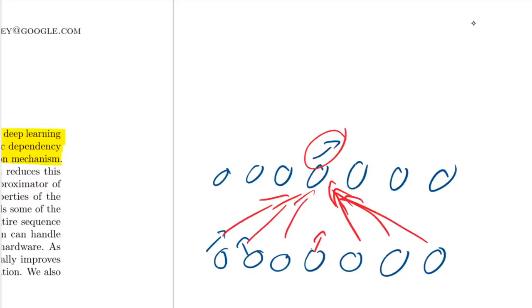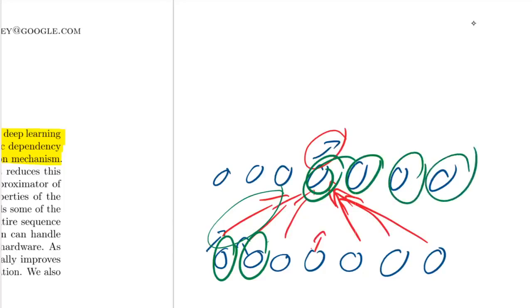Now, this is called an attention mechanism, and we don't actually have to go into how it works, but you can see pretty clearly that if you want to do this for every token, you need to have information routed from every token to every token, like from here to here, from here to here, and so on. And this is just one token, and then you need to do it for this token, and for this token, and for this token.